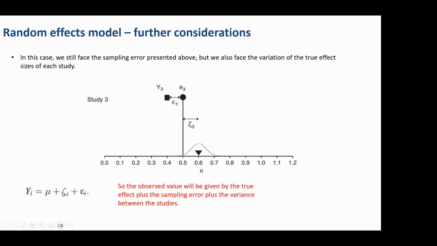So in this case, the observed value will be given by the true effect, which is this, plus Zi, which is this random effect model consideration of the variability, plus the older version from the fixed effect model of the sampling error.